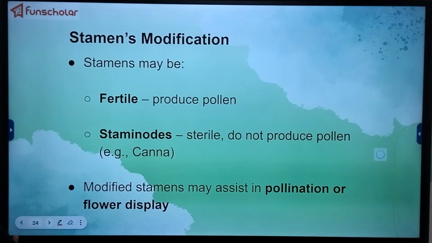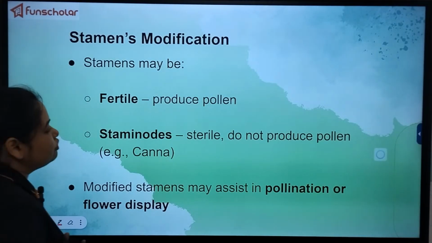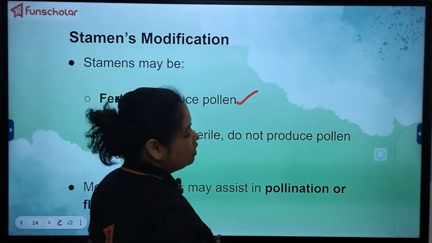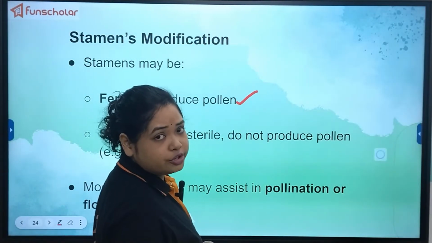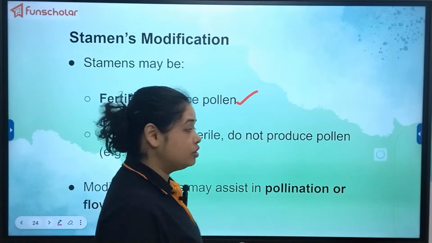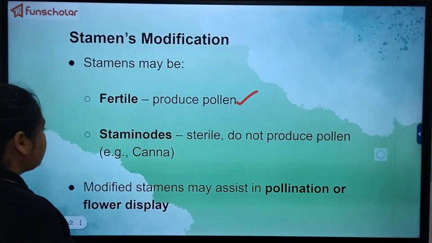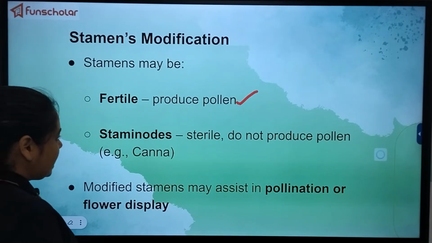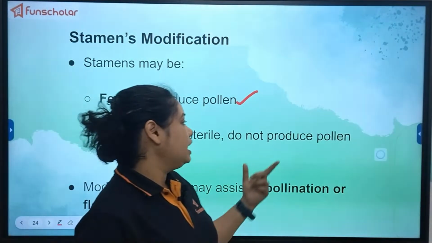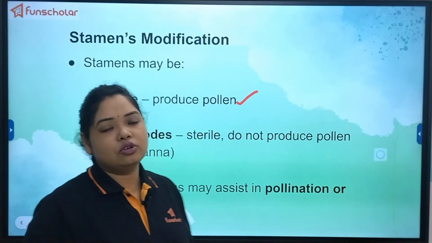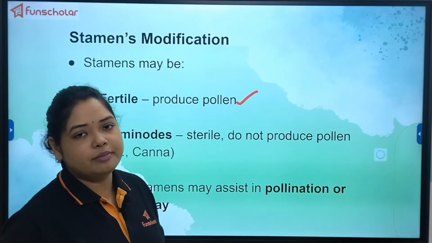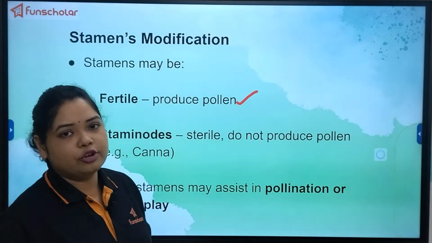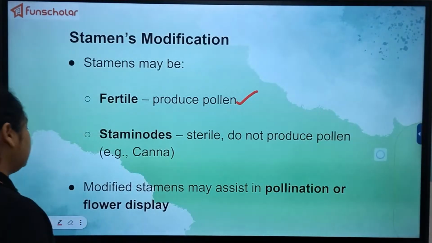Now the stamens modification. Stamen can be fertile, in which it will produce the pollen or the male gamete, which is going to fertilize the female gamete or the ovule. Or it can be staminode, means that will be sterile and will not produce any pollen, and that will only be utilized for ornamental purpose or for the purpose of decoration.